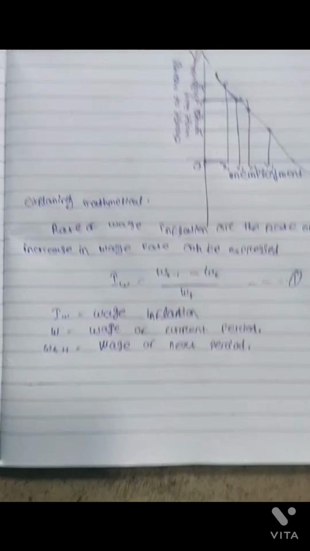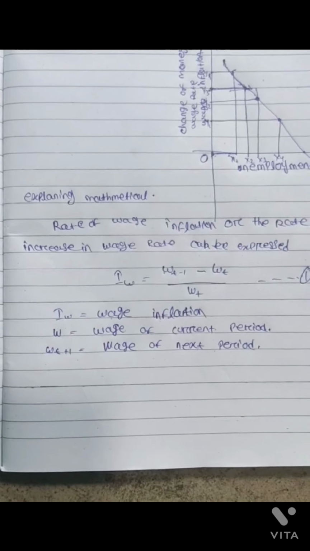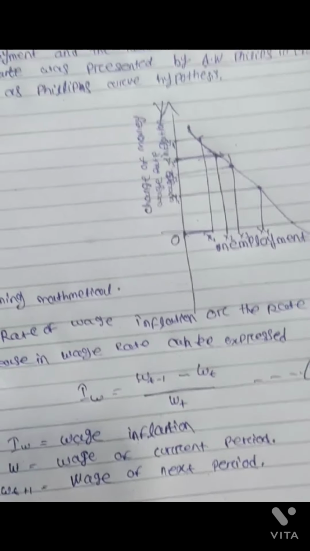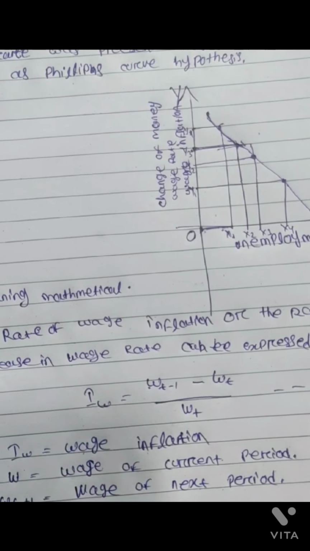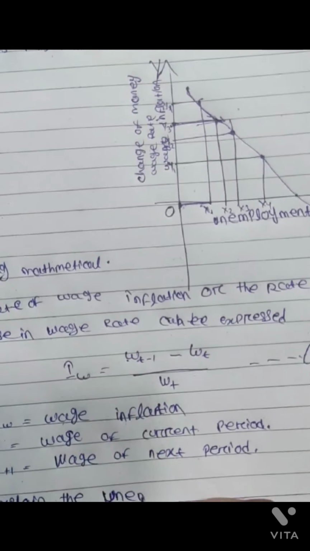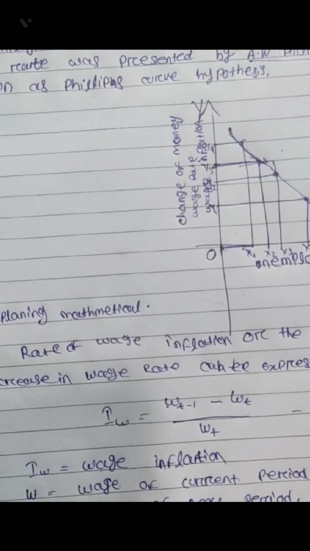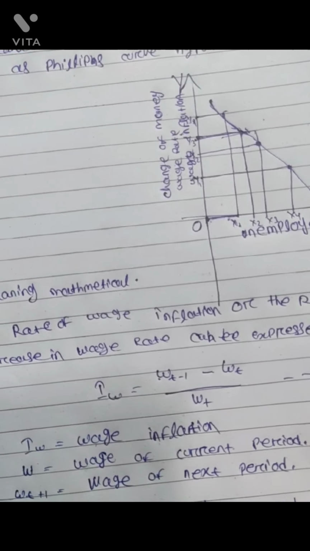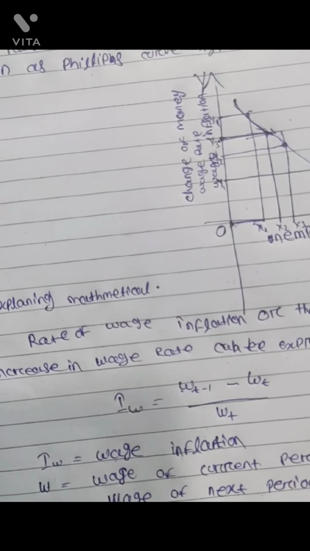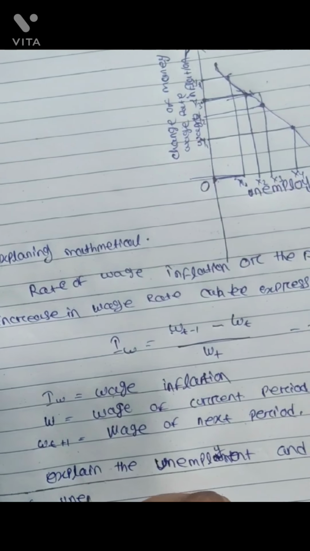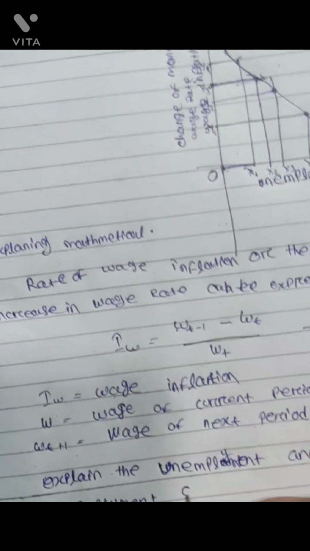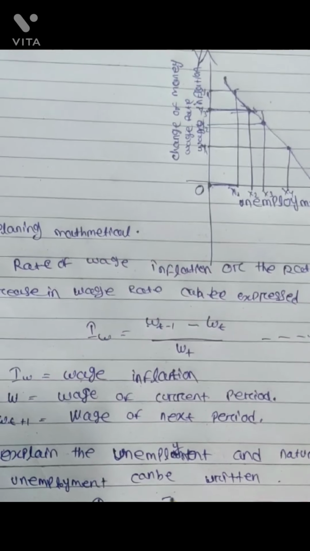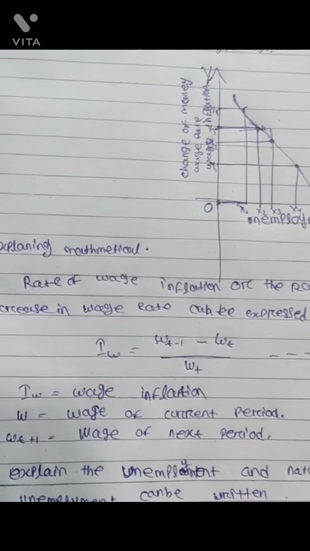Here the equation from Phillips for the unemployment rate and the natural rate of unemployment can be written as IW equal to minus summation (U minus U star).